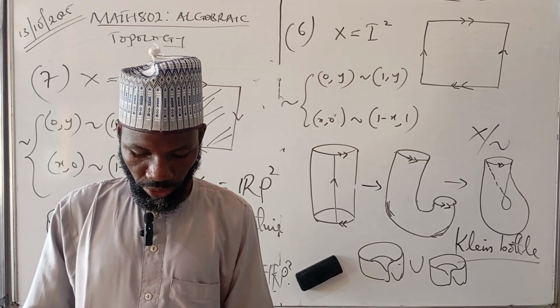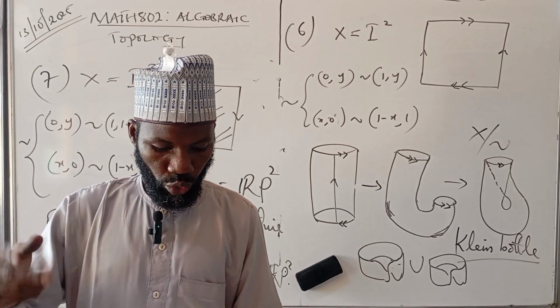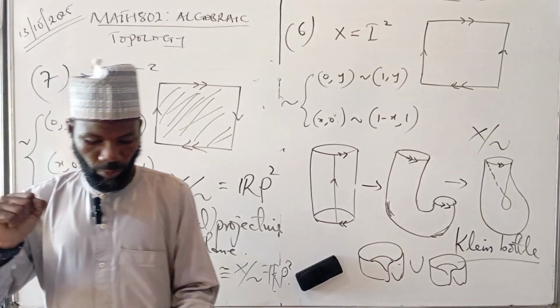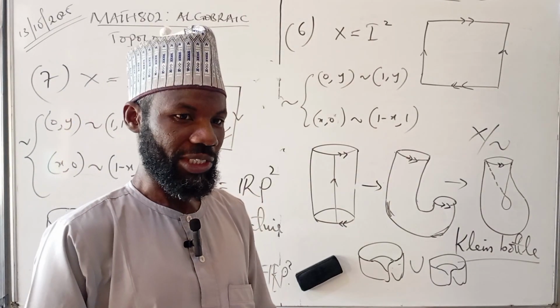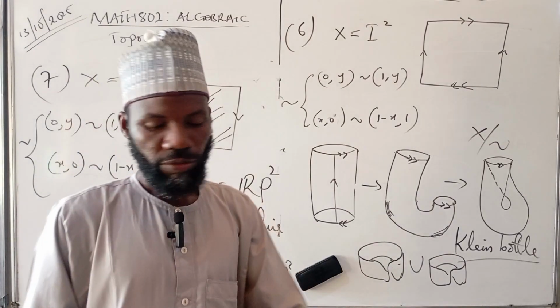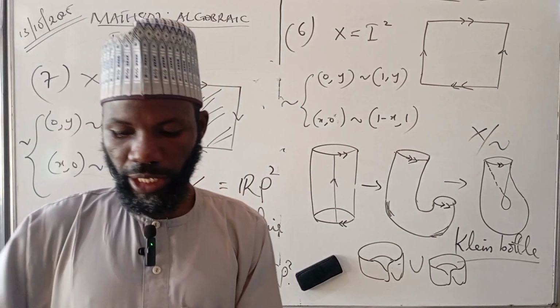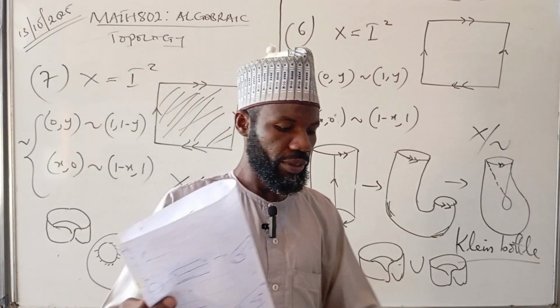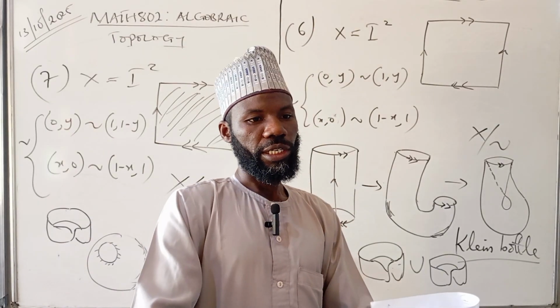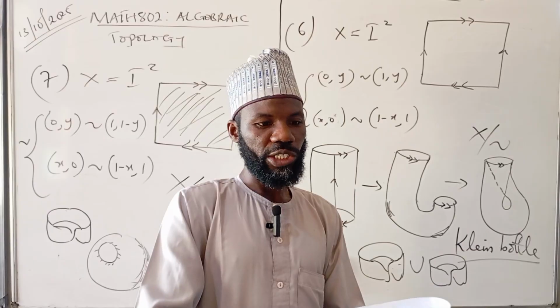So in the next discussion, we are going to talk about two more operations on spaces. The first of which is adjunction spaces, which is a special kind of quotient space. You can take a space, for example, I can take a cylinder and attach this space to the cylinder. This is also called attaching spaces.